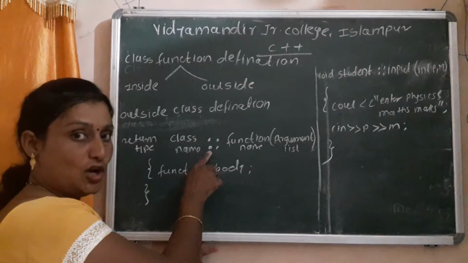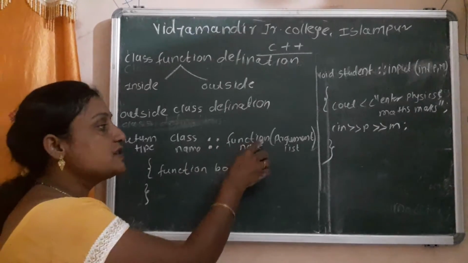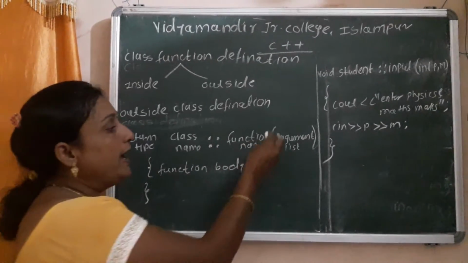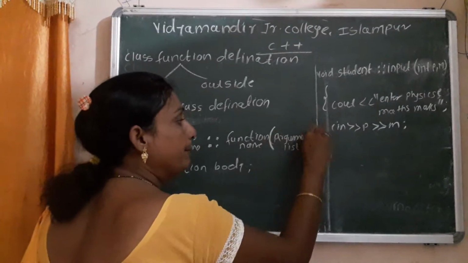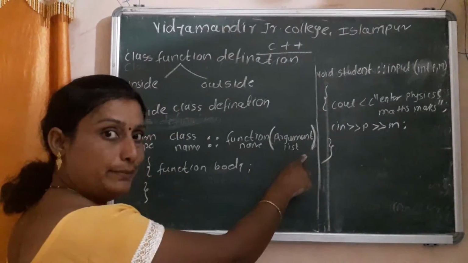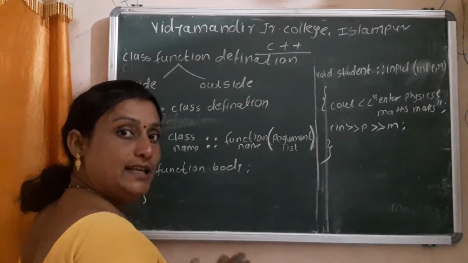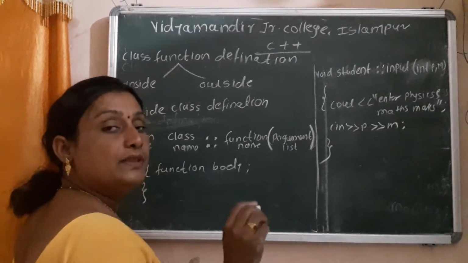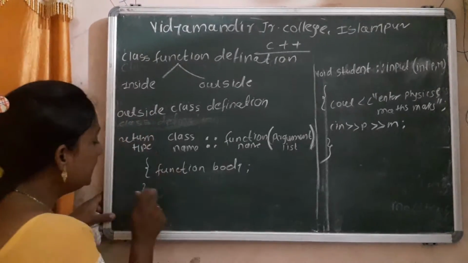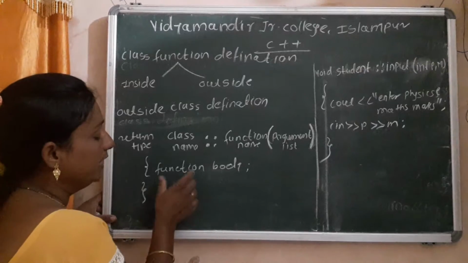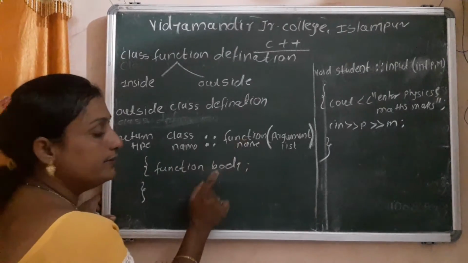Next is the function name, and after that the simple brackets, in which we write the argument list, the variables used in the function. After that, in curly brackets, we write the function body, the content of the function.